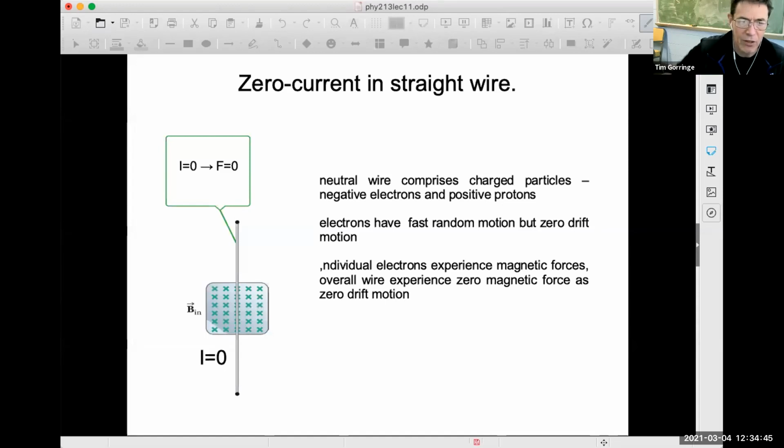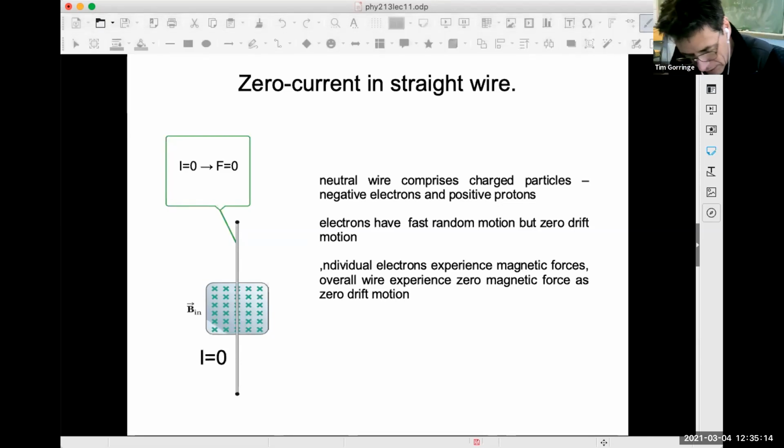Let's start with the case where you've got a straight wire immersed in a nice uniform magnetic field. And we ask the question, if the wire's carrying no current, is there any force on the wire? That's the situation pictured in this slide.